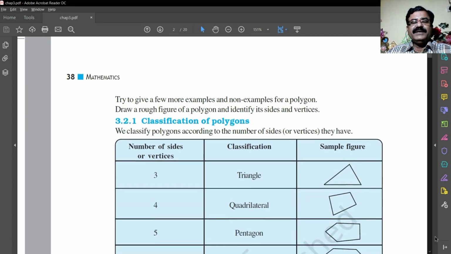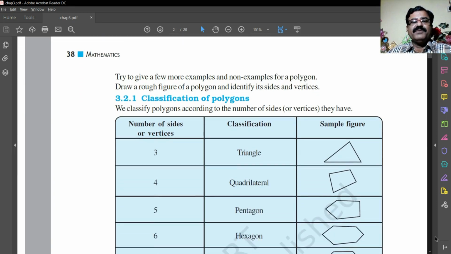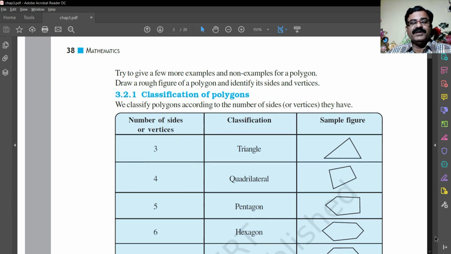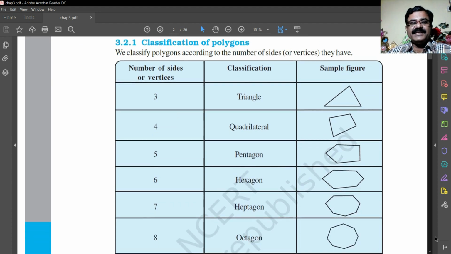By identifying these polygons, polygons can be classified into different types. Triangle, which is made of 3 line segments. Quadrilateral, made of 4 line segments. Pentagon, made of 5 line segments. Hexagon, made of 6 line segments.